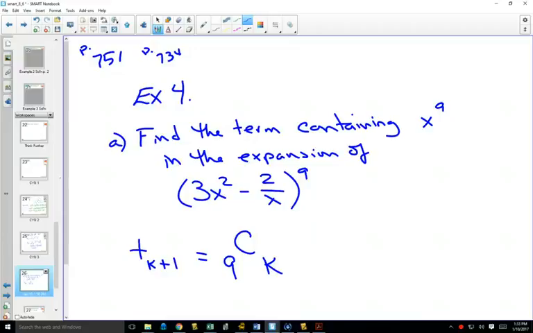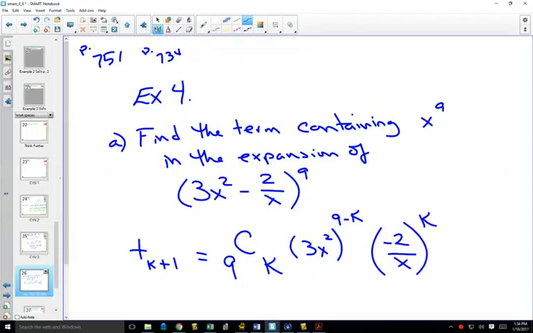So we'll just leave k in there for now. And we know that our a is 3x squared, and this will be 9 minus k. And we know that our b is negative 2 over x to the k.